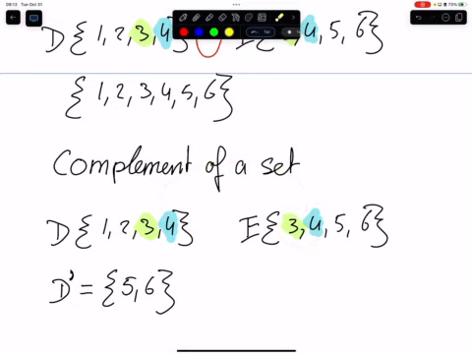So I want all the numbers that are not a member of set D. Looking at E, E has 3 and 4 that are also in set D. So I need all the numbers that are in E but not in D. Only two numbers left, 5 and 6.